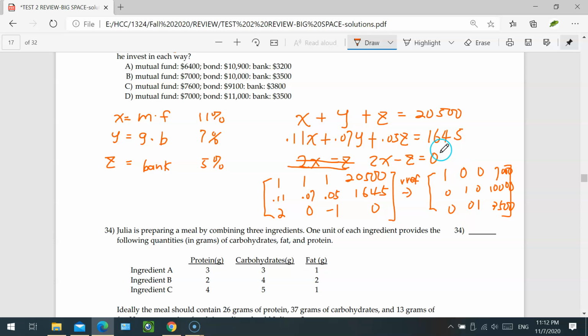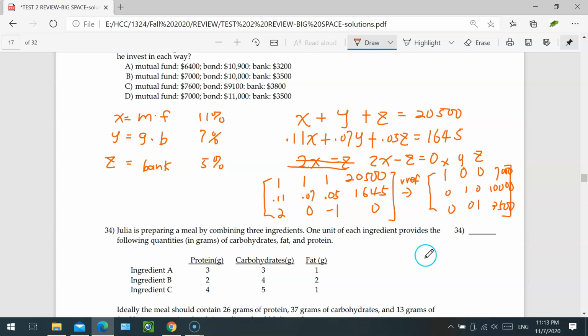So that means Alan invests 7,000 with the mutual fund. He invests 10,000 with the government bond, and he invests 3,500 with the bank. And in total, with these three investments, he got 1,645 in interest money.